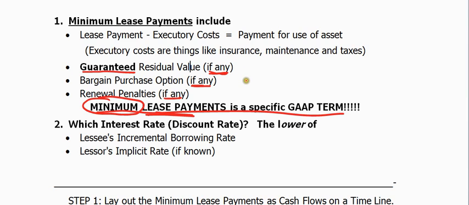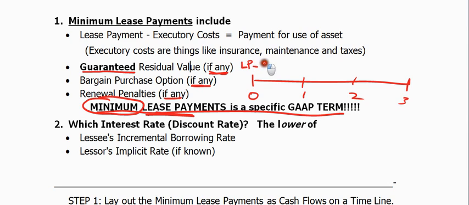Once you have the cash flows, let me do the timeline again. Let's say we have a 3-year lease: 0, 1, 2, 3. You have your lease payment minus executory costs, lease payment minus executory costs, lease payment minus executory costs.